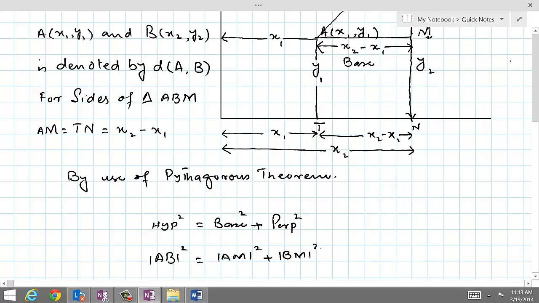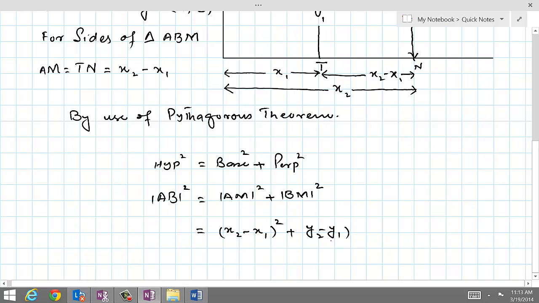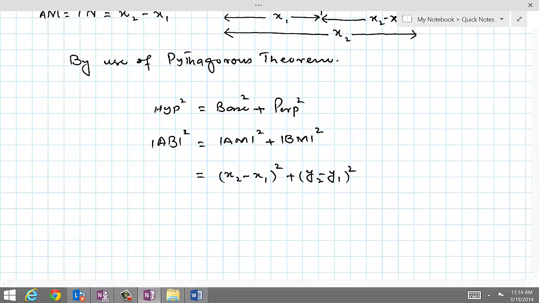and now we use the values of AM and BM. This is equal to x2 minus x1 whole square plus y2 minus y1 whole square, which is AB square.